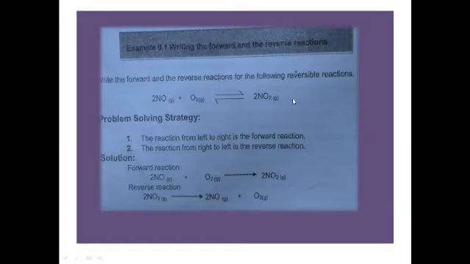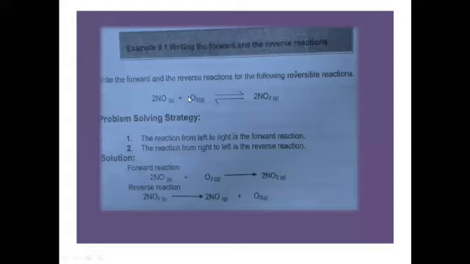This is a reversible reaction, and this double arrow indicates a reversible reaction. The double arrows indicate that this reaction can favor or move in both directions. It can move from left to right as well as from right to left.